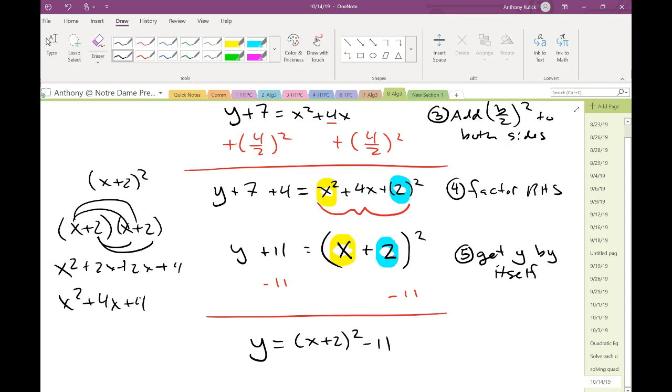So I did account for the 4x, it just didn't happen to matter in the type of factoring that I'm doing, because this factoring is taking advantage of a very special factoring pattern where I don't really need to know what that middle part is doing in order to factor it. Is that okay? Yeah, so it's still there. We did account for it, didn't go anywhere. It just didn't happen to affect how we did our factoring.